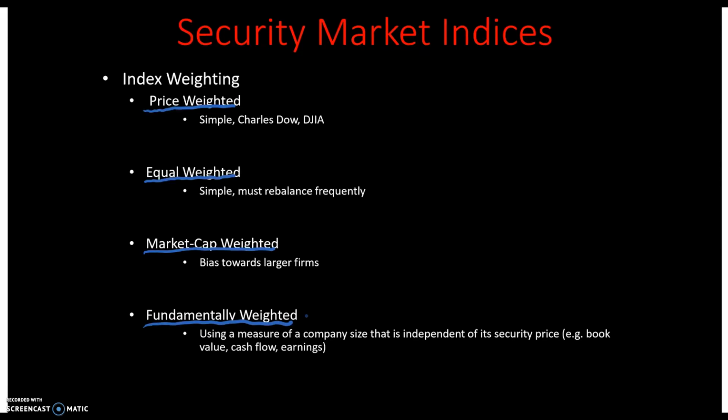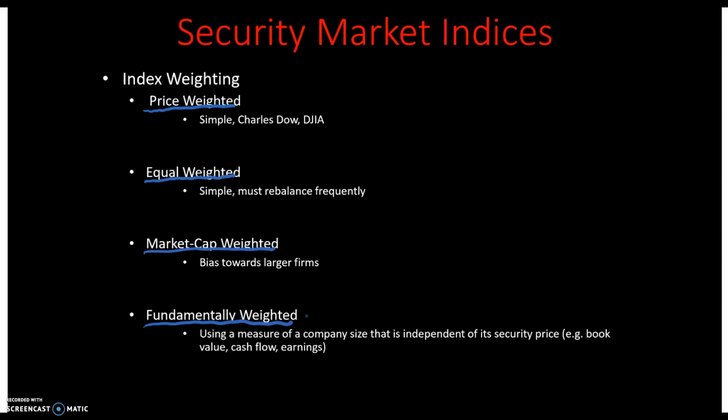Price weighted index is very simple. We're simply going to take each security within the index, and the weighting we use for that security is simply based on its price.